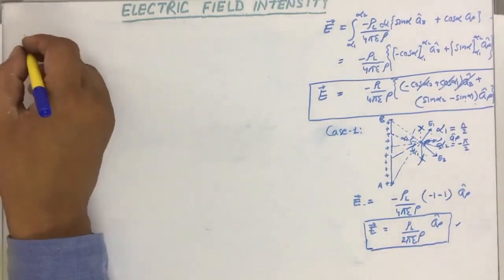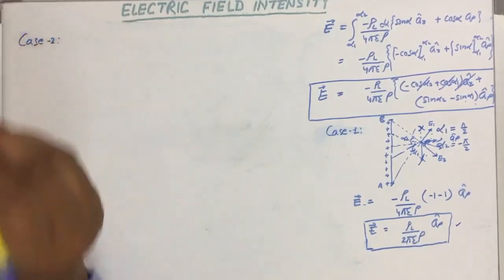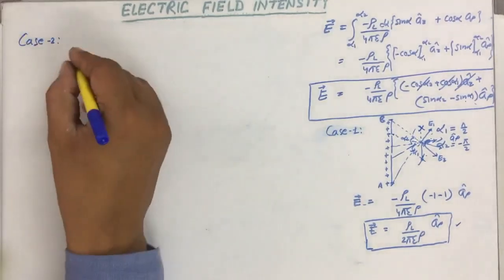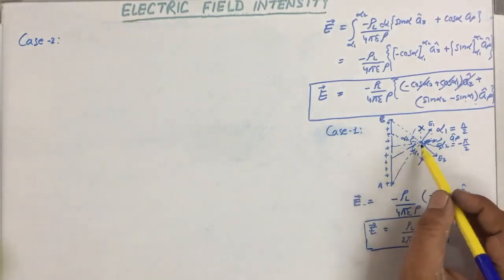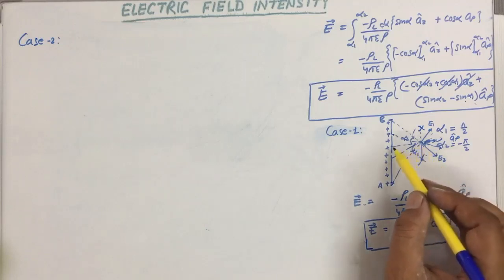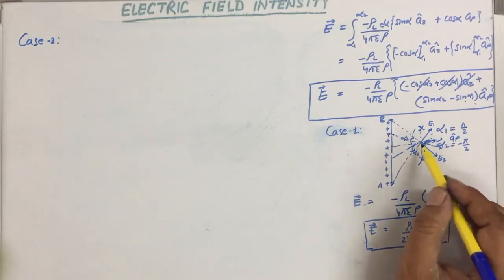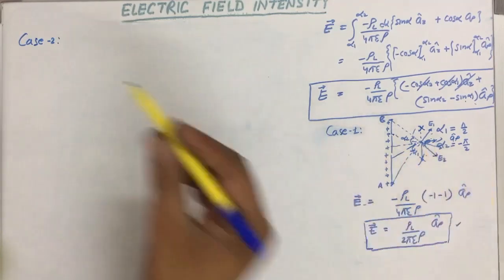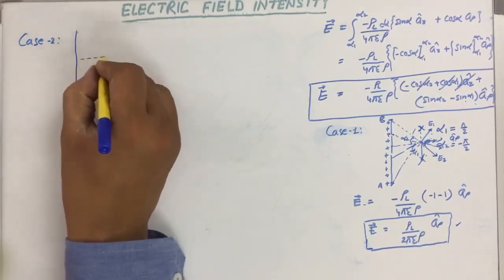Now let us consider case 2. In this case, consider that the point of interest at which we want to find the electric field intensity is at the middle of the line charge.